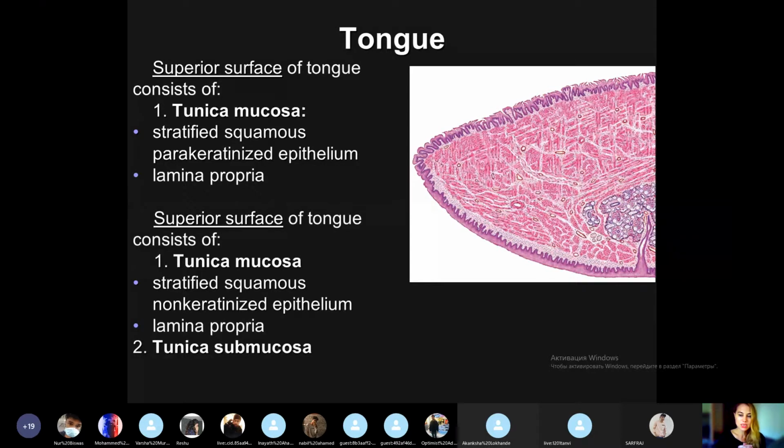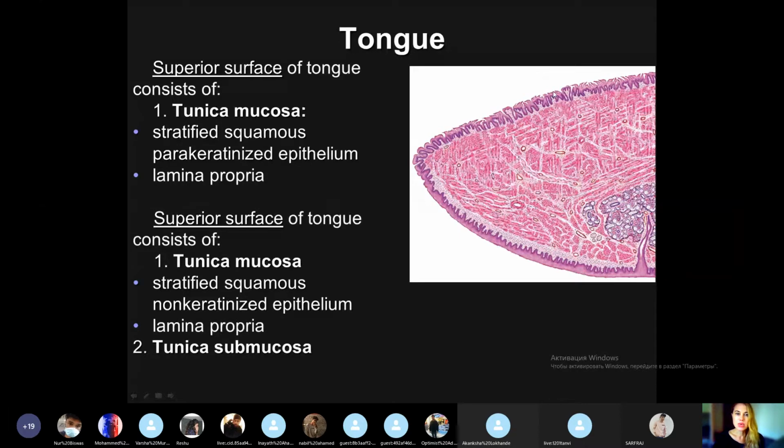This organ contains taste receptors that provide the receptor function. Second, it is responsible for speaking, and it also helps in the movement of food in the process of swallowing.